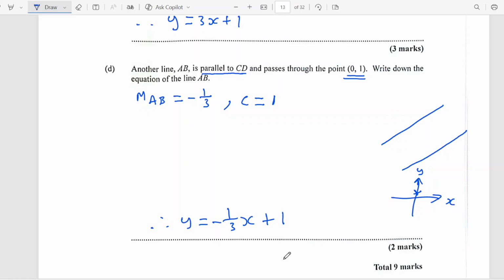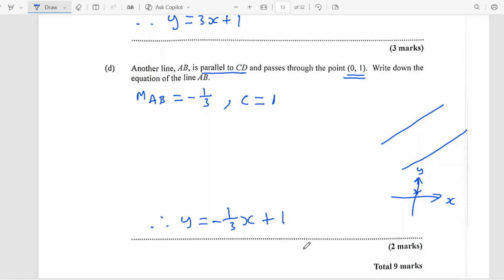Okay, good. Zahara? 9. Aidan? All 9. Alright, good. So we're wrapping up with this one now. We're moving on to the next one.